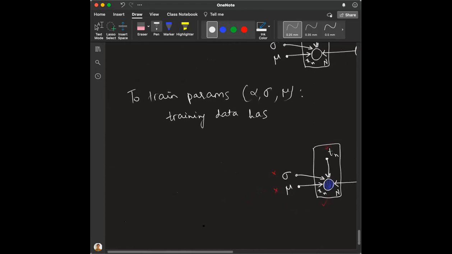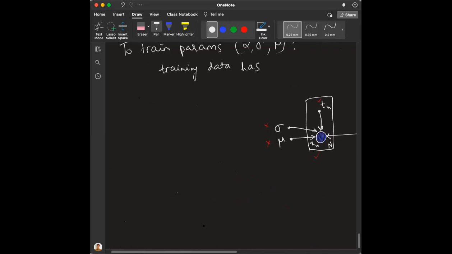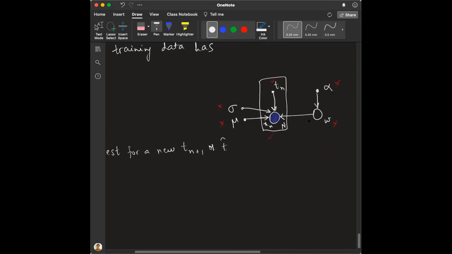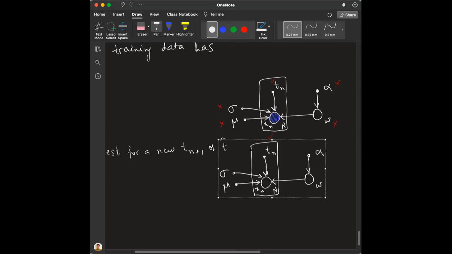Okay, now we come to inference during test. You are given a new, not Tn, let's say Tn plus one, or some T hat, any of these notations you can use.